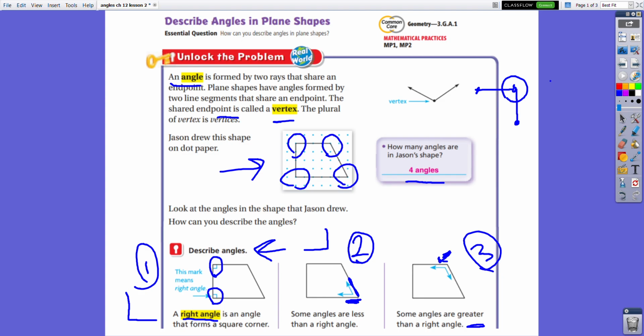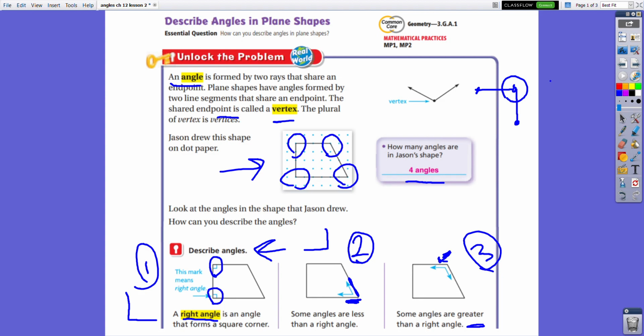Okay? So when I give you an angle and I ask you to name this angle, right angle, less than a right angle, or greater than a right angle, you will keep your eyes on this angle. If this angle looks like the corner of a square, and it has this little sign here, the square, this is a right angle.